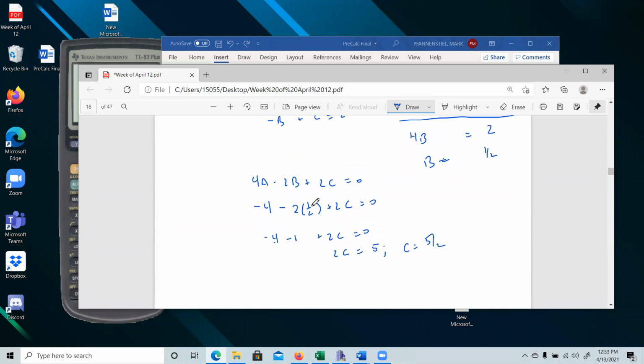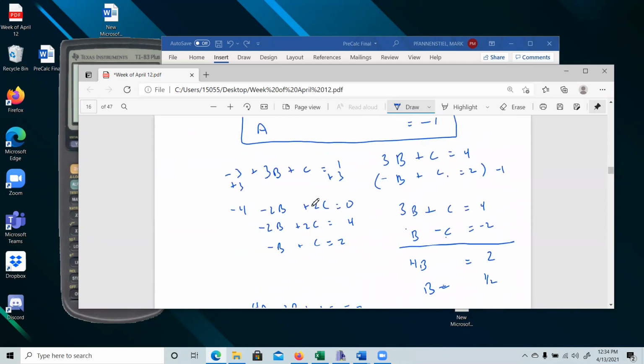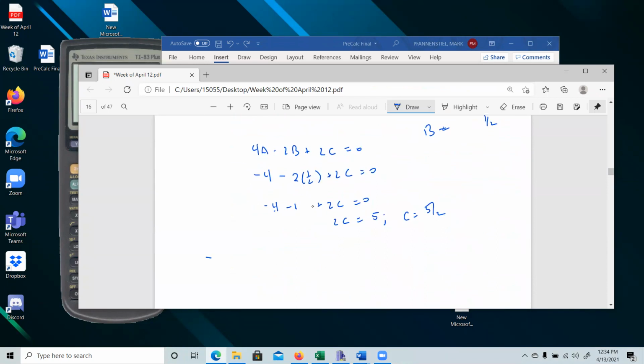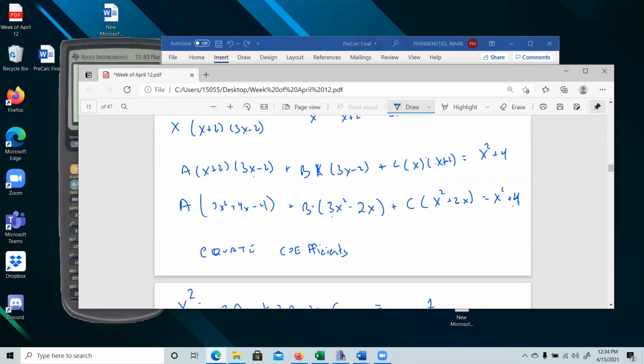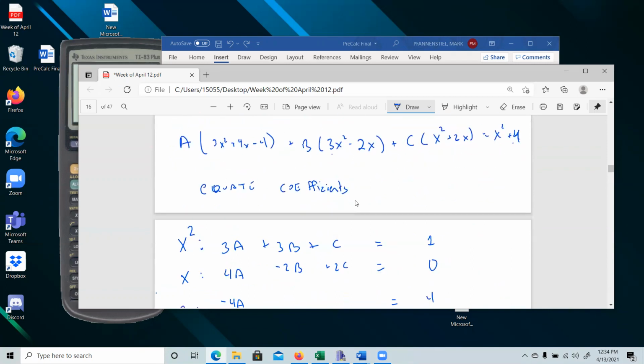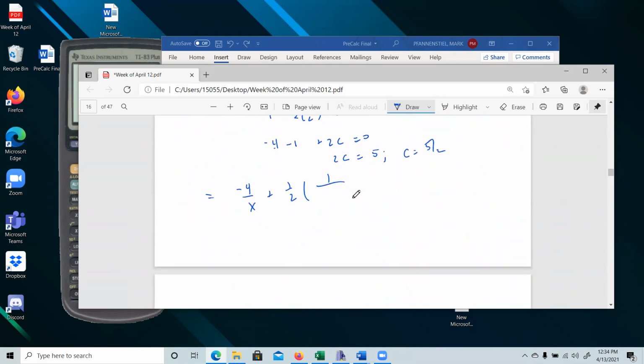Okay. So our answer here is negative 4 over x, plus 1 half over x plus 2. What was my b term here? B was x plus 2. You're going to put the 1 half over here, that's fine. It means the same thing.